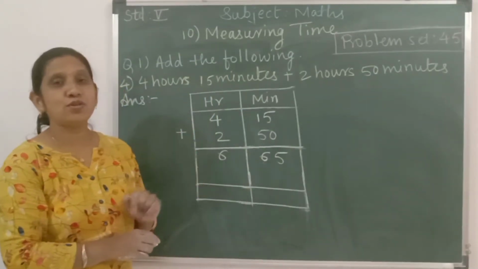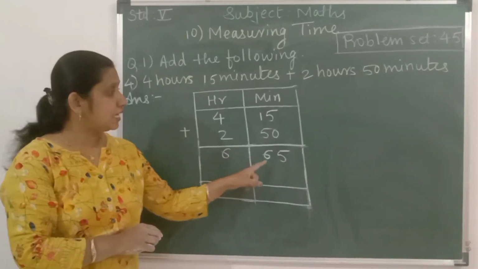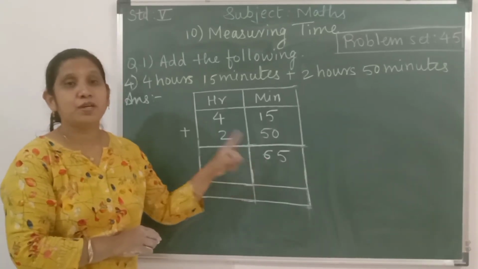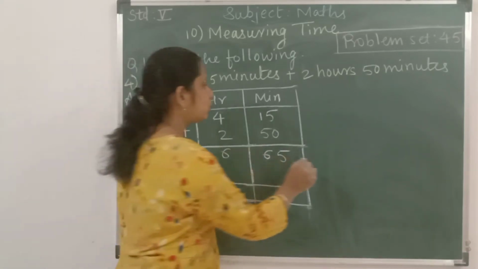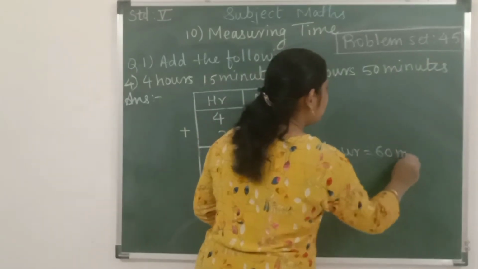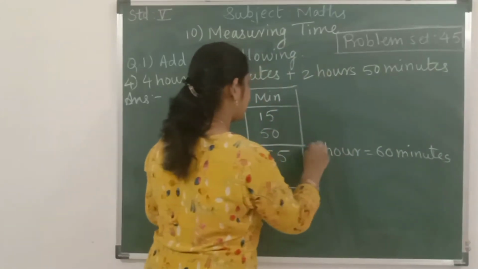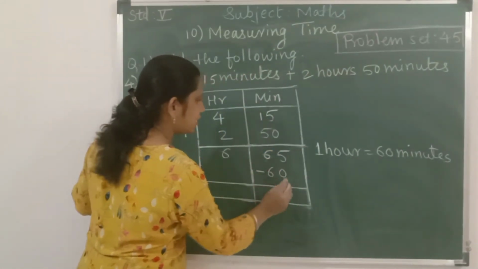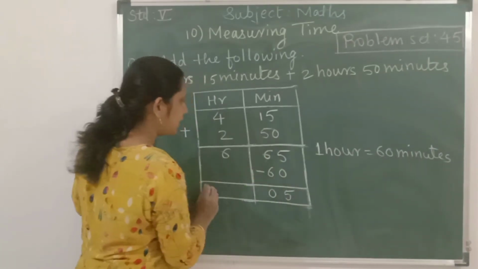Right? So I have to subtract that 60. Why am I subtracting 60 from 65? Because 60 minutes means 1 hour. So let us write over here 1 hour is equals to 60 minutes. Minus 60. So 5 minus 0, 5. 6 minus 6, 0.